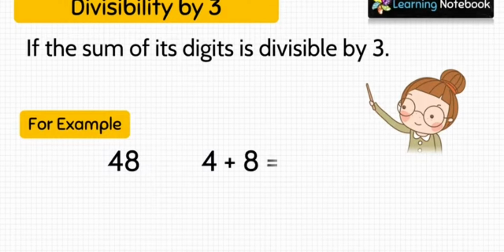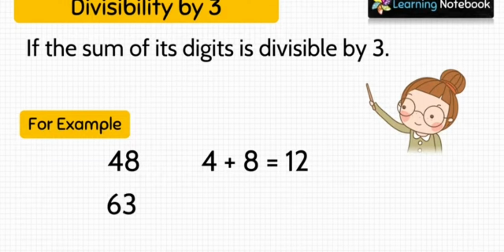So, to check this, we will add 4 and 8. We get 12. Now, we will check if 12 is divisible by 3. Yes, we know 12 is divisible by 3. Therefore, 48 is also divisible by 3.